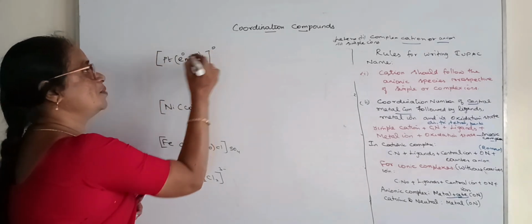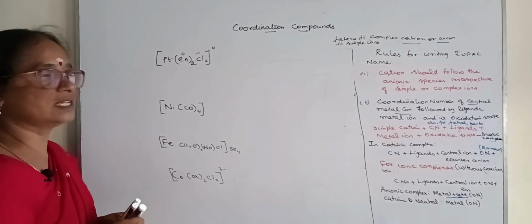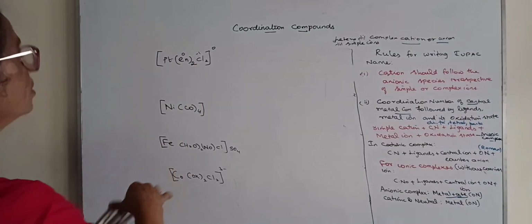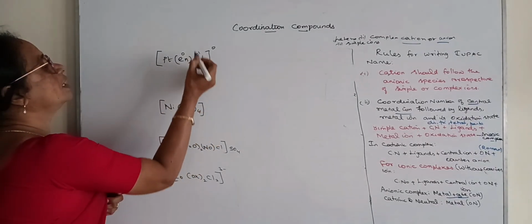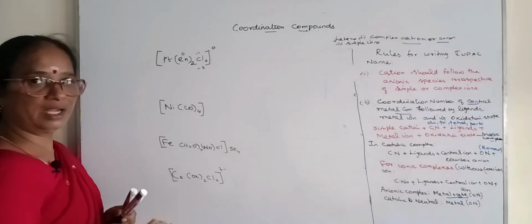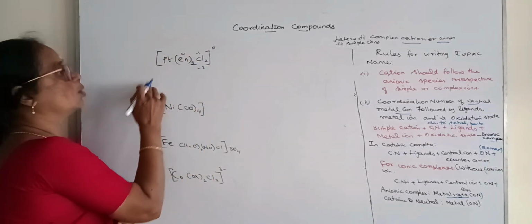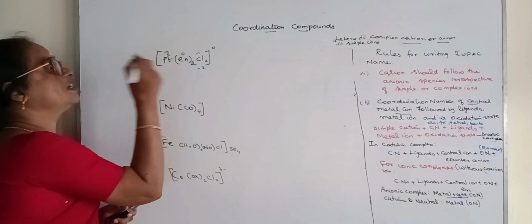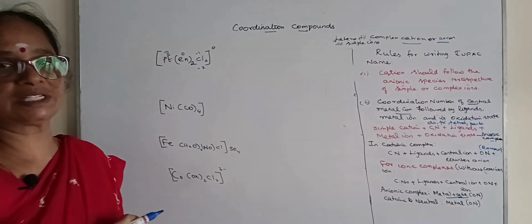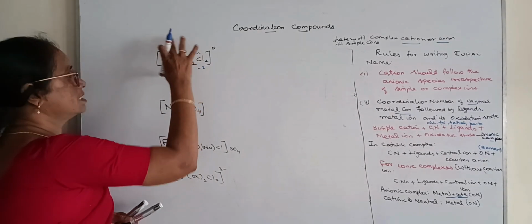Chloride is -1. How many chlorides do I have? 2 chlorides, so 2 into -1 becomes -2. When the charge of the complex is 0, the platinum must be in the +2 state. Okay.